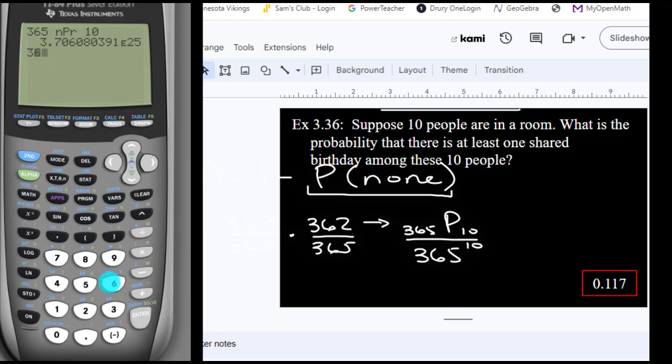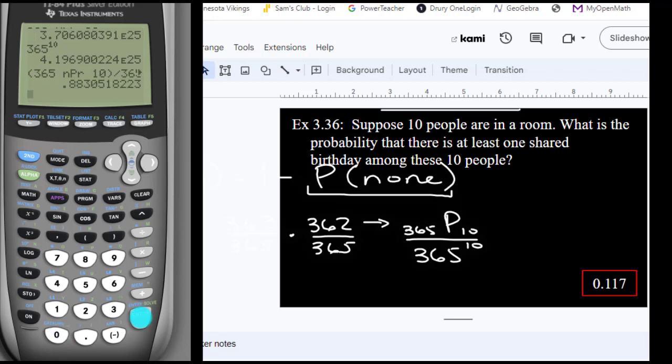And then we're going to have 365 raised to the 10th power for the bottom. And we need to divide these two numbers. So I'm actually just going to type these in. I'm going to put in parentheses 365P10, close my parentheses, and then divide by 365 raised to the 10th power. That's going to be a little bit easier to do all at one time.